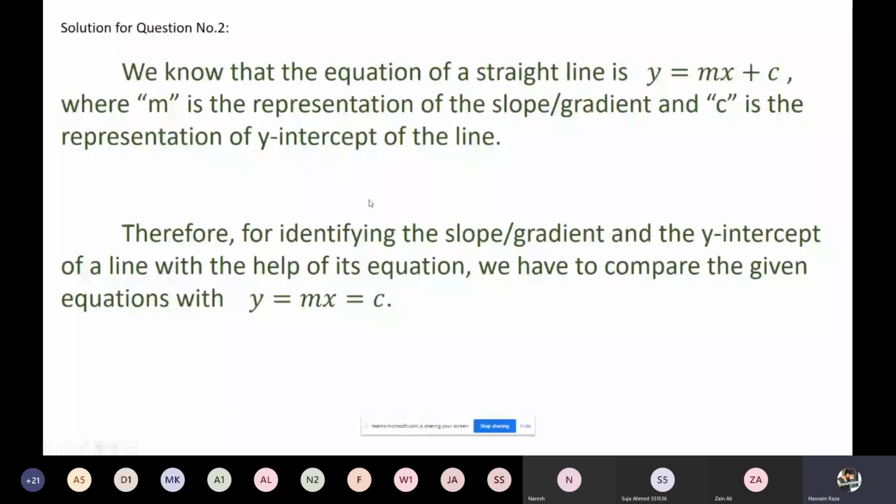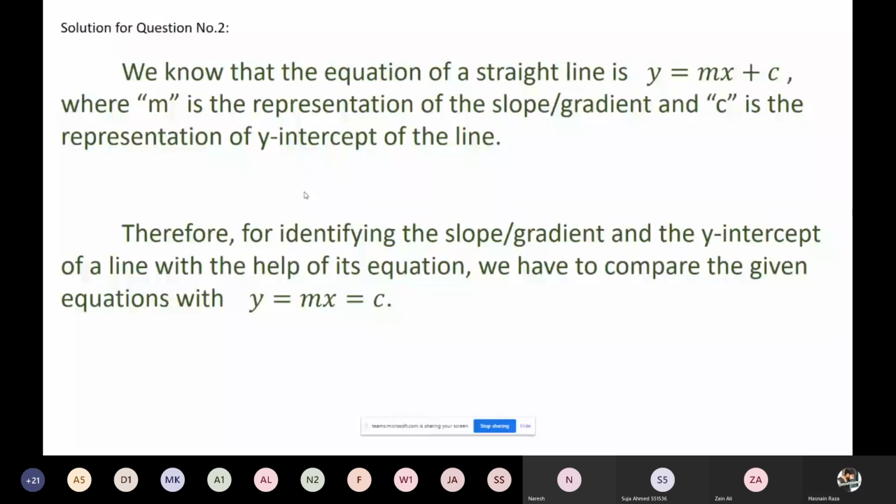Okay, solution for question number 2. We know that the equation of a straight line, I'm reading what I have written, this is for your better understanding, is given by y equals mx plus c, where m is the representation of slope or gradient and c is the representation of the y-intercept of that line.